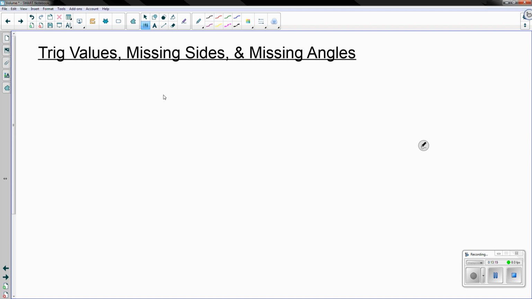So we're going to summarize that inverse idea. Let's say I have sine of theta equals opposite over hypotenuse. We have cosine of theta equals adjacent over hypotenuse. And we have tangent of theta equal to opposite over adjacent. And you want to figure out the angle for whatever trig function you ultimately have to use for a specific problem. Again, what trig function you use is dependent on the information given in the problem.